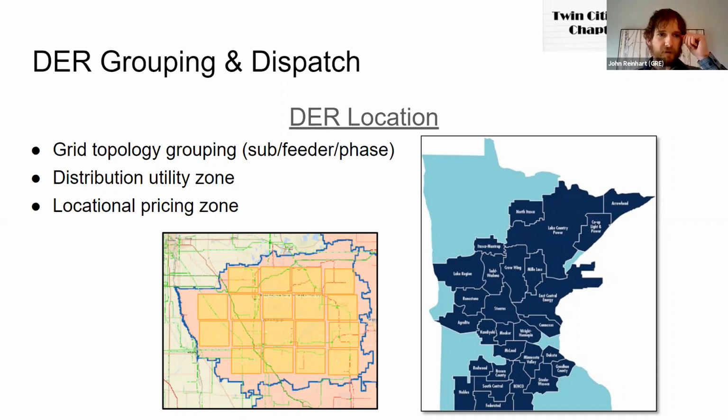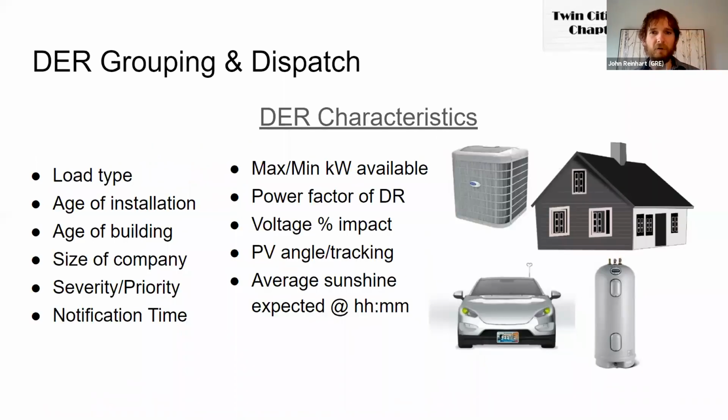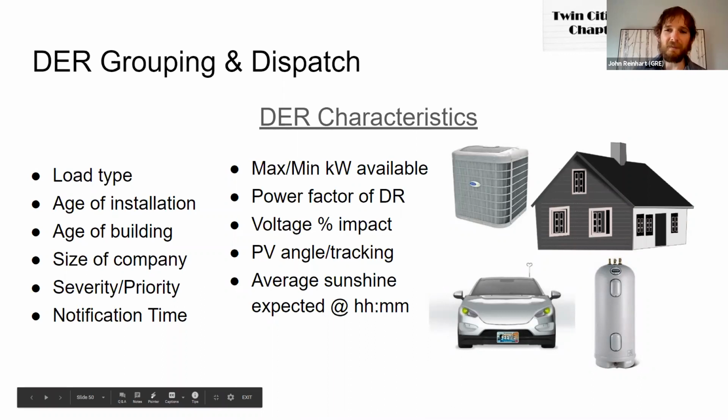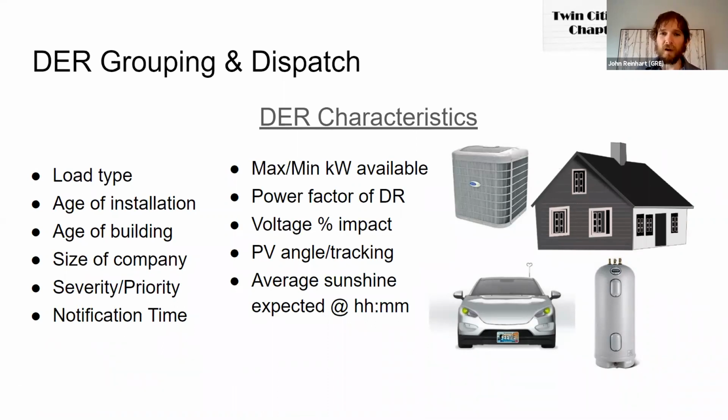The next slide talks a little bit about the different characteristics of the load itself. And these are the things that you might consider within a single building. You've got all these different load types, and that was a really elegant slide earlier that showed the picture of all of those different things. In addition to load types, the age of a building might have something to do with the leakiness of its HVAC system, and the size of the building has some impacts that might affect your decisions.